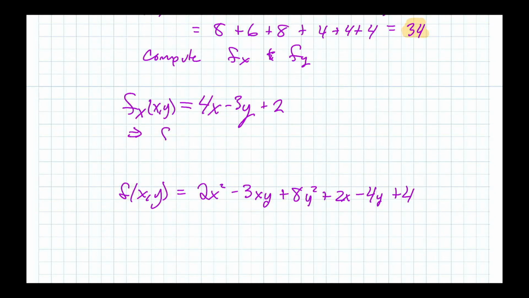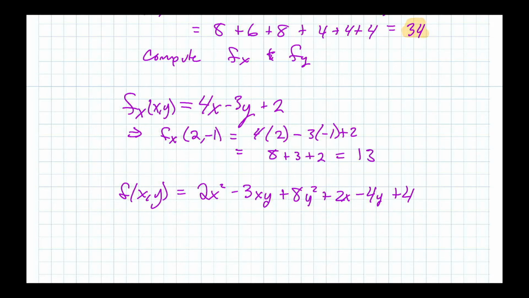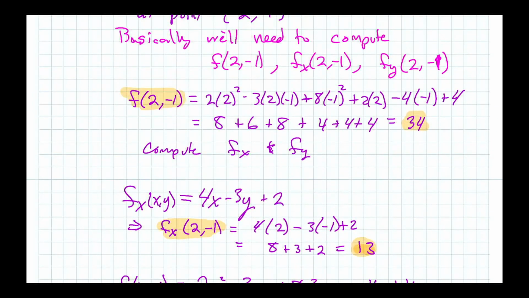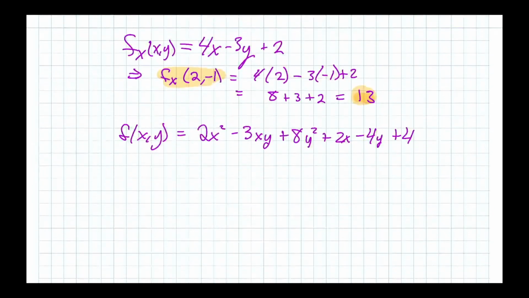We plug in 2 comma negative 1, and we get 4 times 2, minus 3 times negative 1, plus 2, which is 8 plus 3 plus 2. So I think that's 13, right? So fx is 13, f is 34.